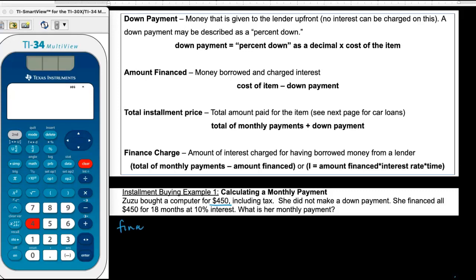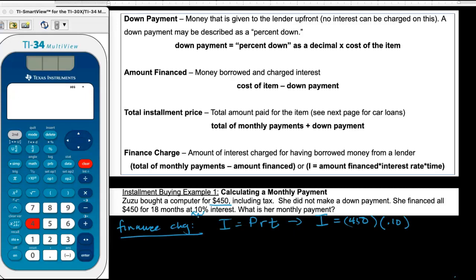To find the finance charge, we're going to use the simple interest formula, which is I equals PRT: principal times the rate times the time. The principal is $450, times the rate as a decimal, which is 0.10, since 10% as a decimal means we move the decimal two spots to the left.